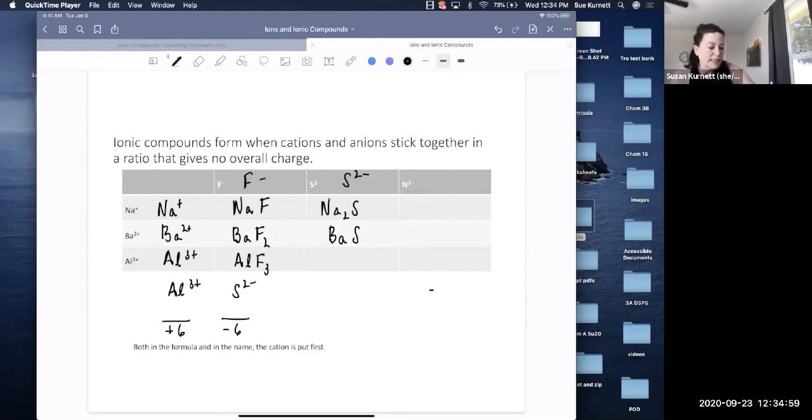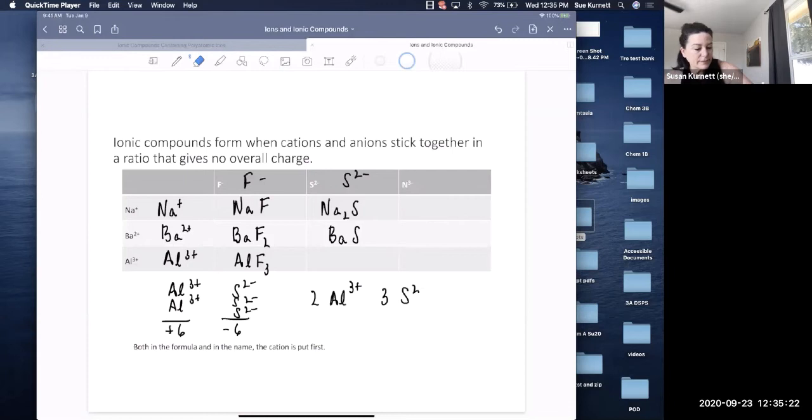What that means is I need 2 aluminum ions and 3 sulfides, because every sulfide has 2 extra electrons. And to get to -6, I need 3 of those. And then when we put it together, 2 aluminum ions and 3 sulfide ions, the 2 goes here, subscript, and the 3 goes here, subscript.